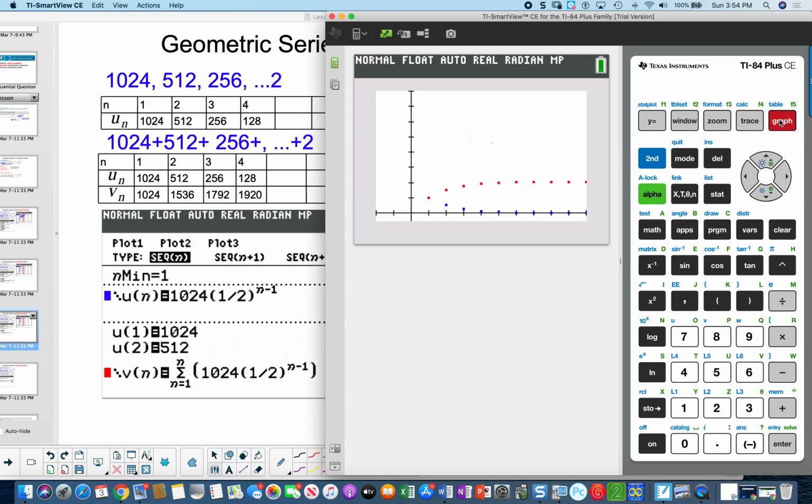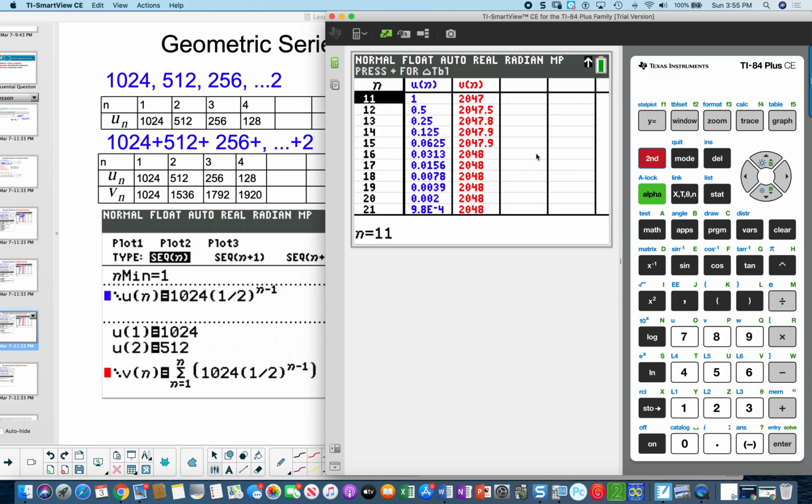And let's go ahead and graph, and we get that same graph. Let's take a look at the table so that you can see the table. There we go. There's our table. And let's start at 1. I'm not sure why these numbers, I don't have n equaling 1.